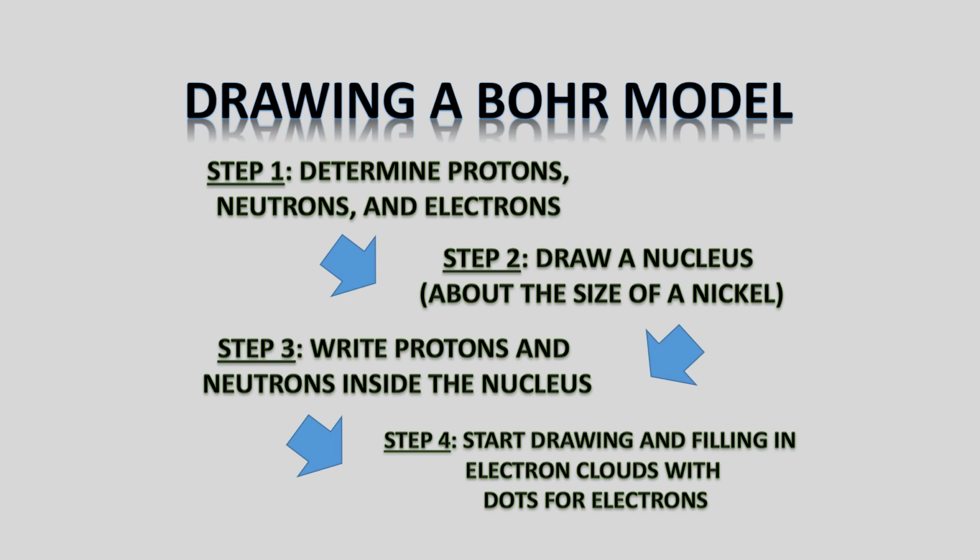Just something about that big, because you're going to have to write protons and neutrons in there, so you need something big enough that you can write in. Step 3, you'll write the protons and neutrons inside the nucleus. In this case I'm going to do 1 and 0. And step 4, start drawing and filling in electrons with dots.